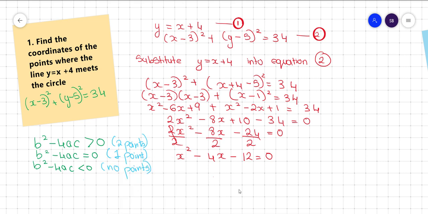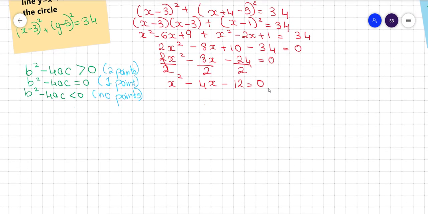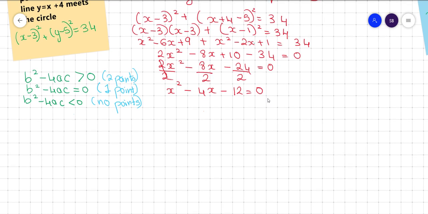So here the b value is minus 4, a is 1 and c is minus 12, with (minus 4) squared minus 4 into a is 1 into minus 12, and that has to be greater than 0 if it is intersecting the circle.